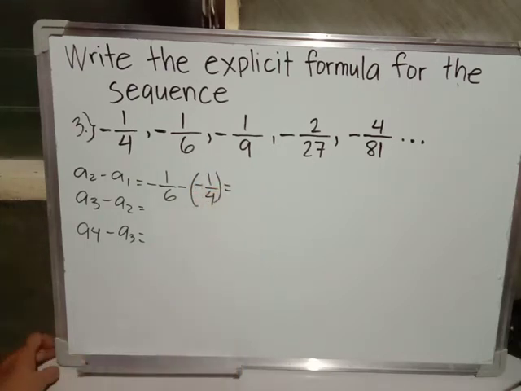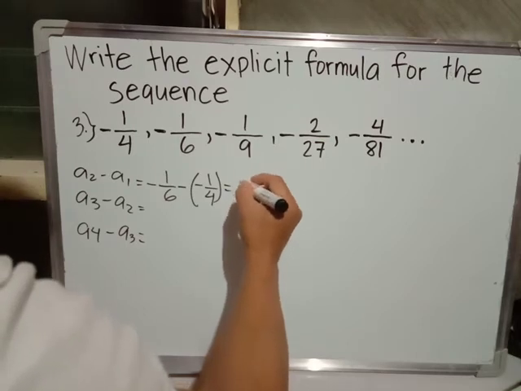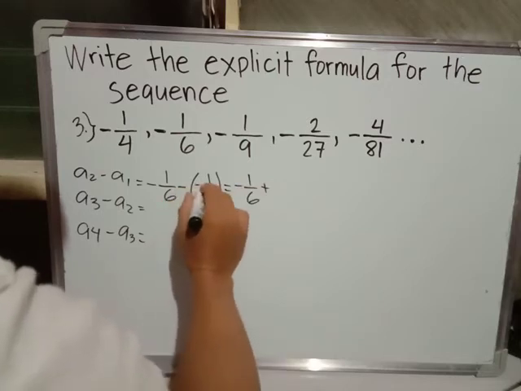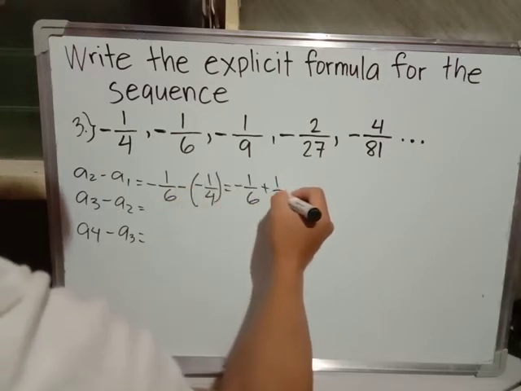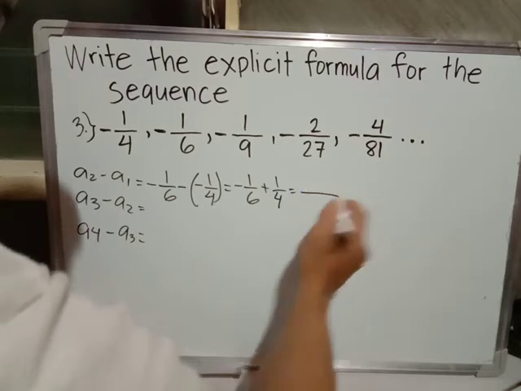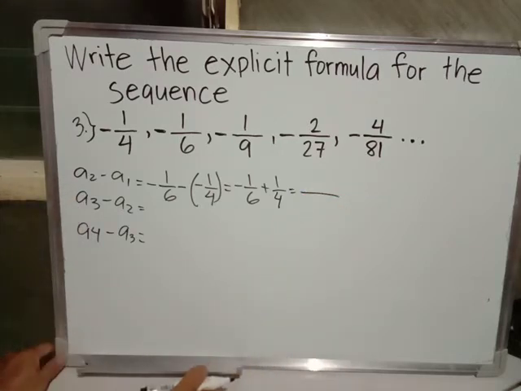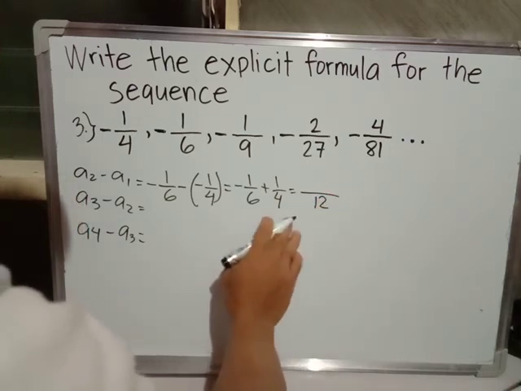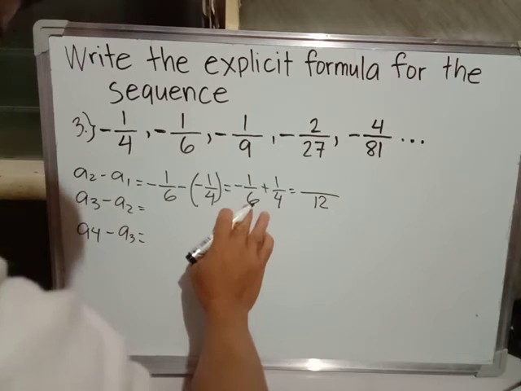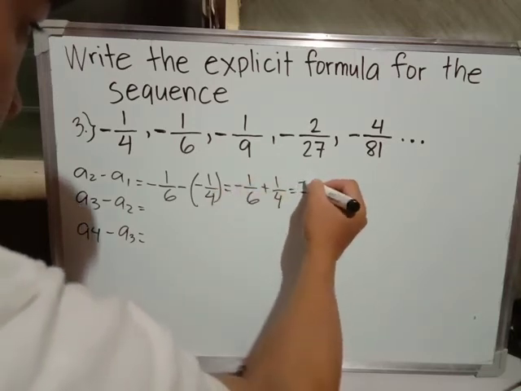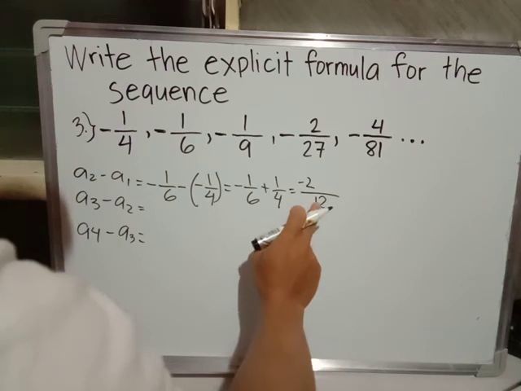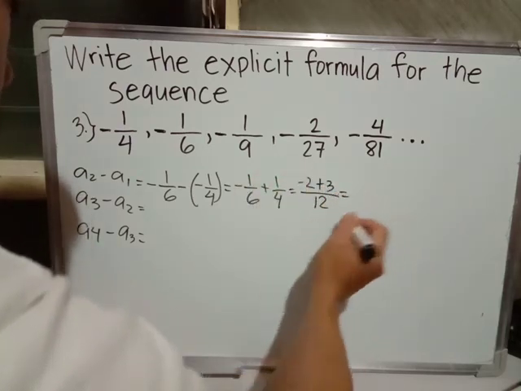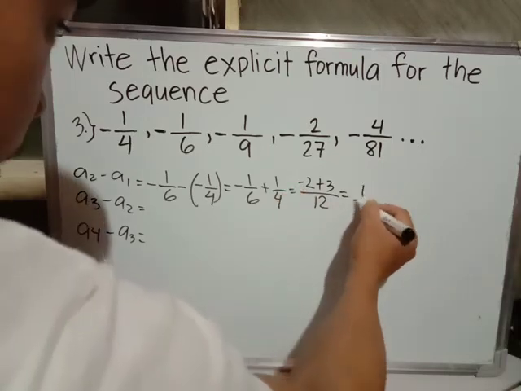It would be negative 1/6 plus 1/4, since negative times negative becomes positive. The common denominator is 12. 12 divided by 6 is 2 times negative 1 is negative 2. 12 divided by 4 is 3 times 1 is positive 3. So, negative 2 plus 3 is 1/12.